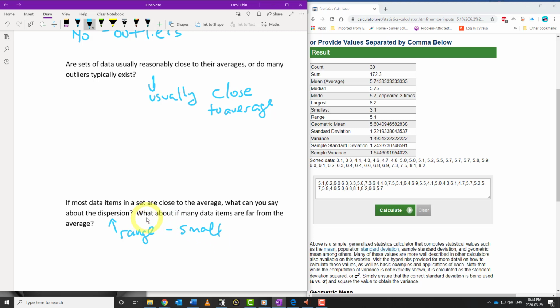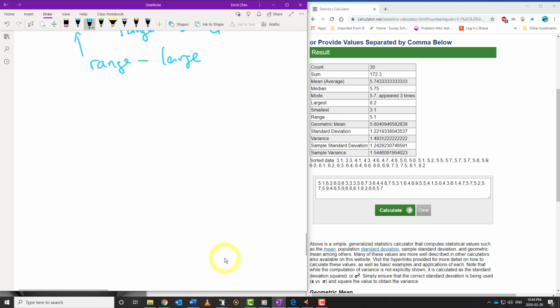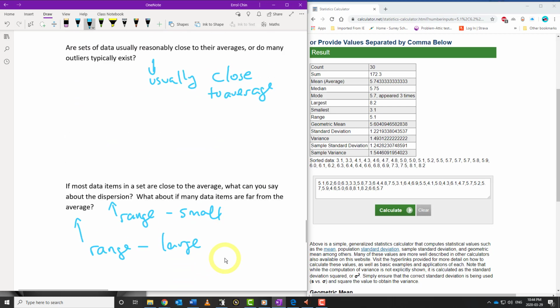But it says here, what about if many data items are far from the average? Then that means automatically the range is very large. Okay? And hopefully that makes sense.